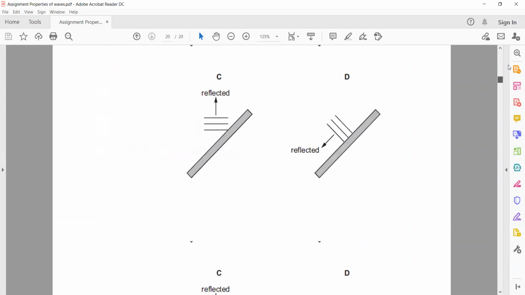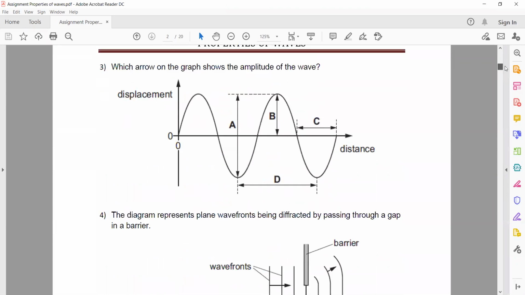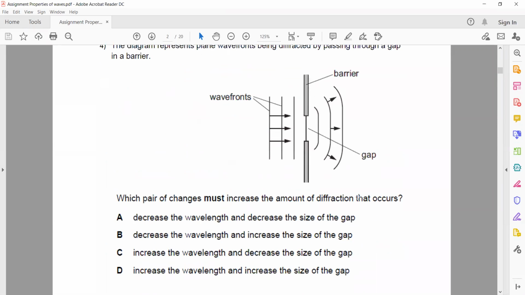So this is the topic, diffraction. Any doubt related to this diffraction part? Keep in mind that in practice, diffraction is maximum when the wavelength equals the gap size. But for O levels, it is acceptable to consider that if the wavelength is greater than or equal to the gap size, the diffraction will be maximum.